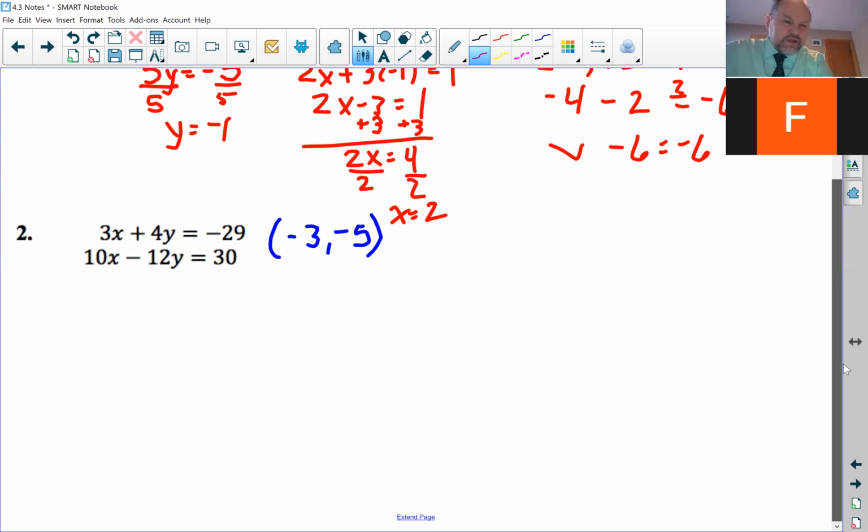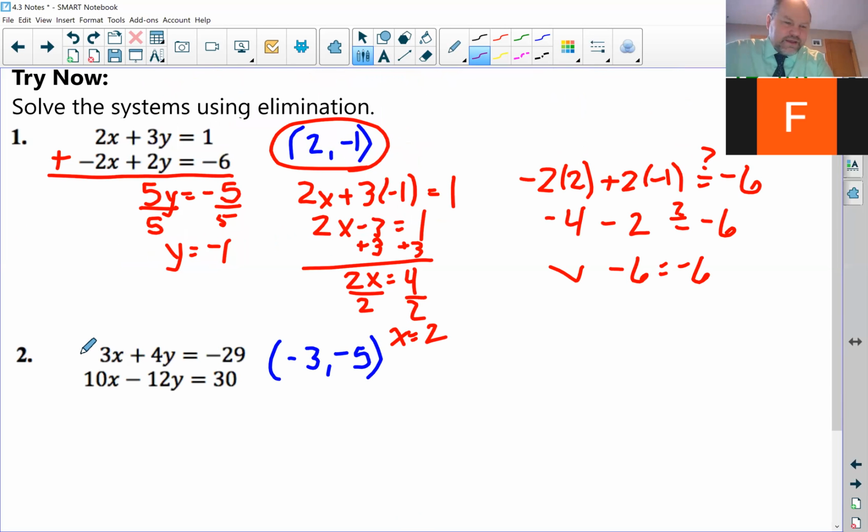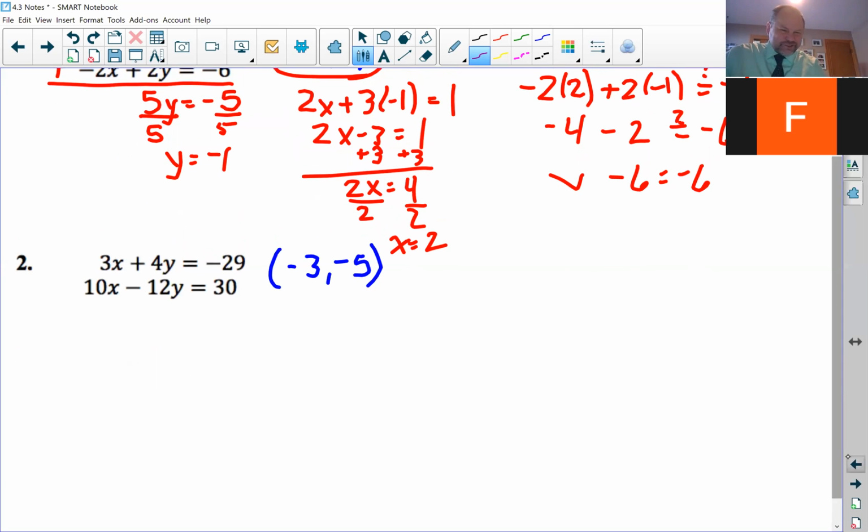Can I multiply 3 by a constant to make it -10? I could, but it would be a fraction and it could make the problem really messy. So then I look at my y coefficients. Can I multiply 4 by something to make it equal to 12? That I can do. I can multiply that by 3.